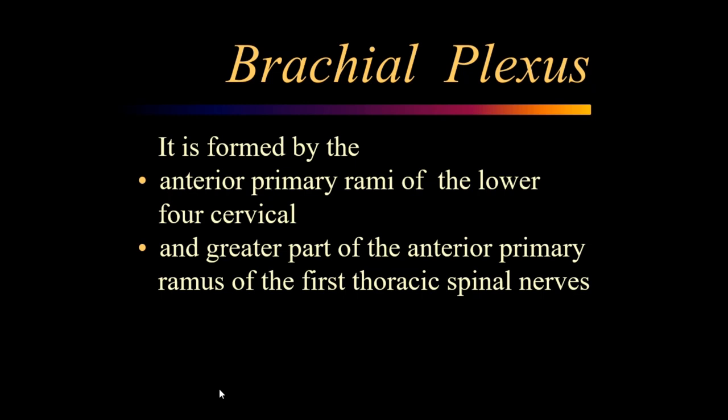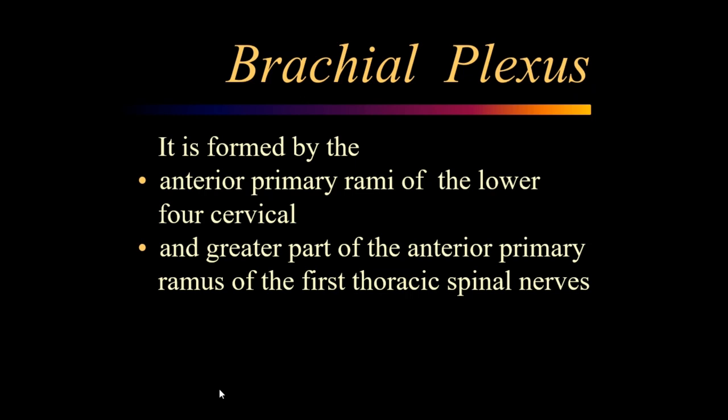Formation: the brachial plexus is formed by the lower four cervical and first thoracic spinal nerves, and it is formed by the anterior primary rami. So the student should not confuse anterior and posterior.